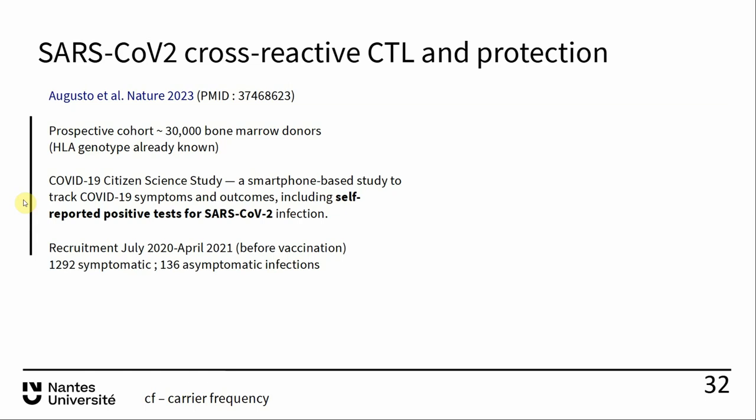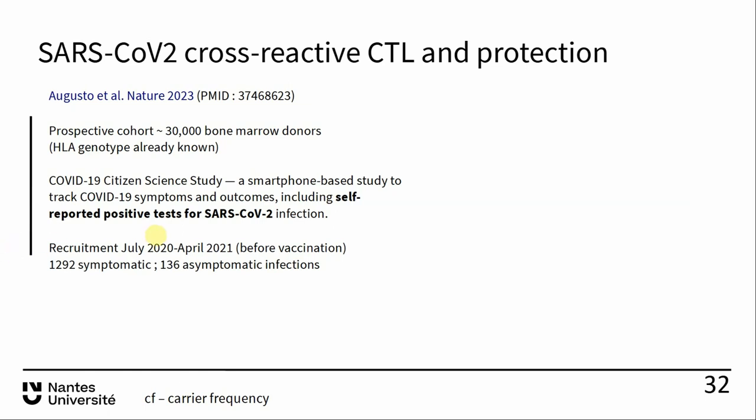And mostly self-reported symptoms. Have you got a fever? Have you got a headache? And whether people had a positive test. So the recruitment was carried out from July 2020 to April 2021, before vaccination became widespread. And I think this was mostly done in the US, in California. And by that time, they had got results from 1,292 people who had a symptomatic COVID-19 infection.